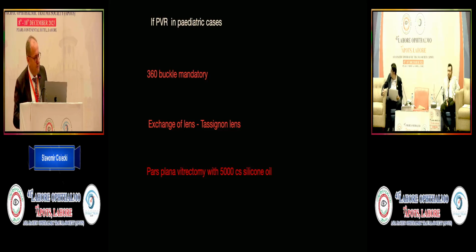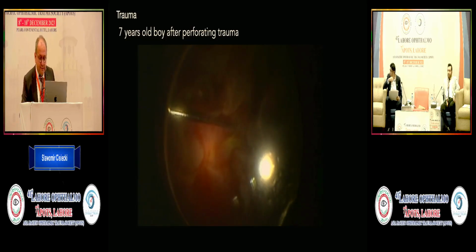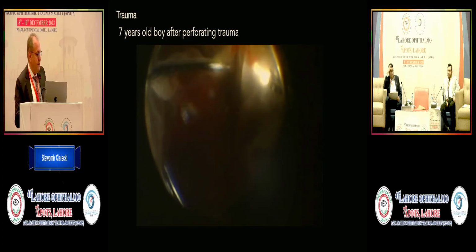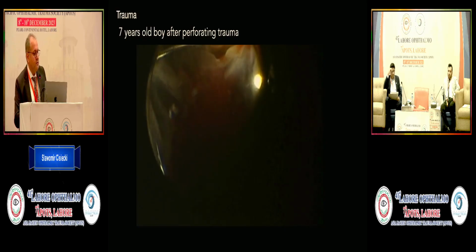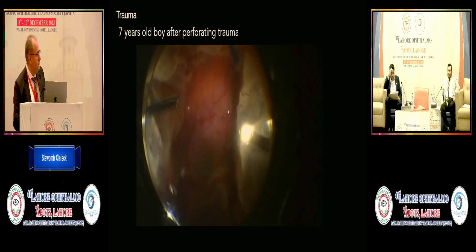A 360 buckle is mandatory. Nowadays, we exchange the lens, as we try to preserve the crystalline lens, and of course, we do pars plana vitrectomy with 5000 centistoke silicone oil tamponade. Of course, sometimes we have luck. This is a case of a 7-year-old boy after arrow trauma with perforation of the eye globe.